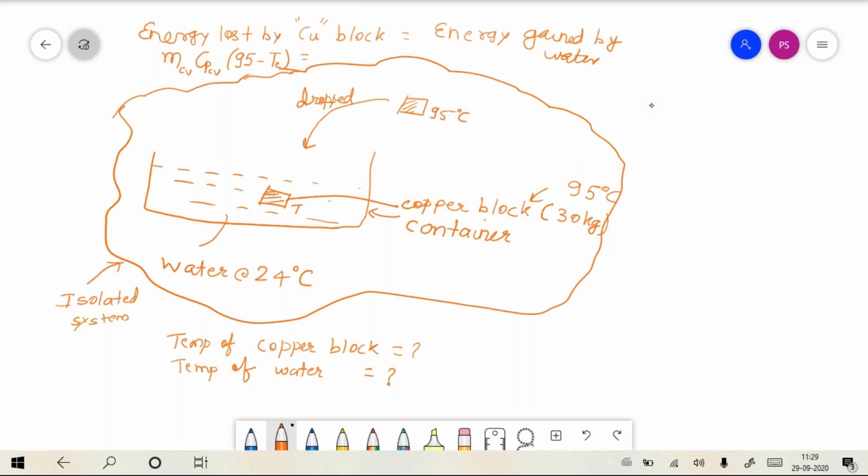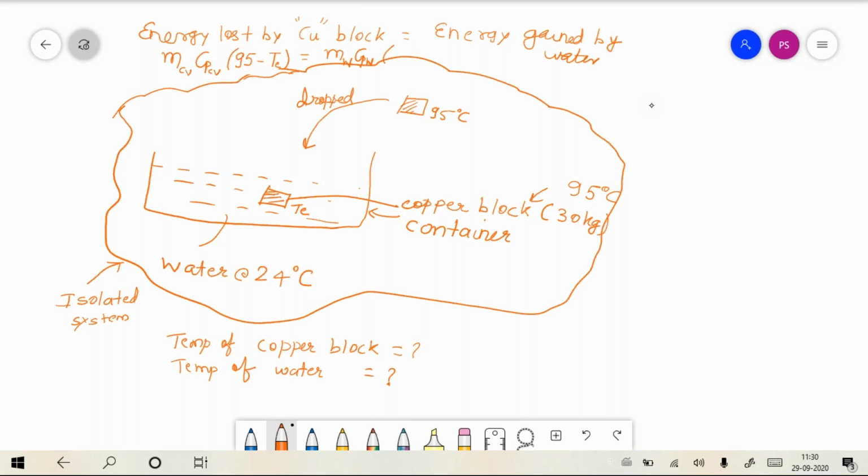TE is the temperature of equilibrium. The heat gained by water is what? Water experiences an increase in temperature, so it is mass of the water times specific heat of the water times the increase in temperature.